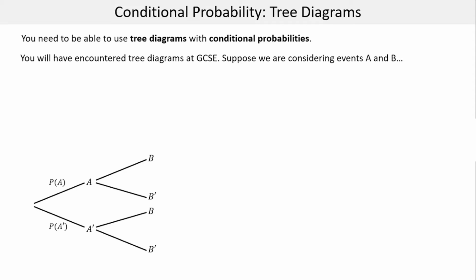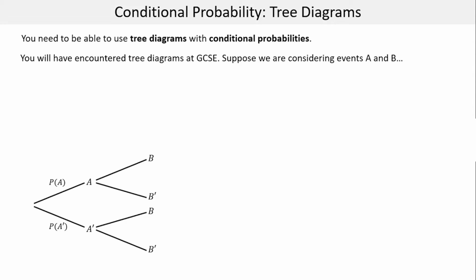Here's where the conditional probabilities come in. Back at GCSE, your tree diagram could have had independent events or dependent events. For independent events, the probability on both B branches would have been the same. It didn't matter what happened for event A. But we're looking at conditional probabilities.